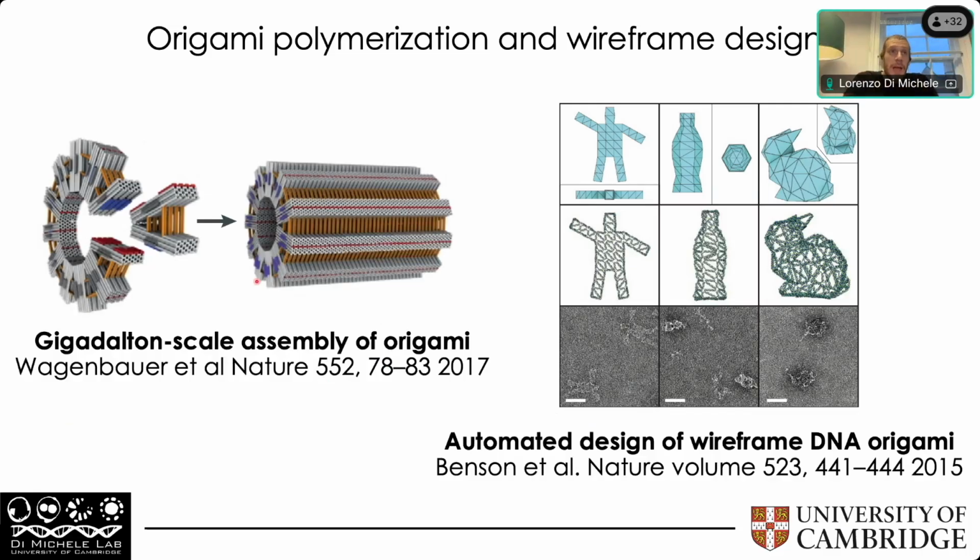But a few years back, the group of Hendrik Dietz could create this ginormous DNA origami assembly, which is at the gigadalton scale. And there are other techniques to create non-compact DNA origami using this wireframe design. So things that are empty rather than very compacted DNA objects. And here is where you can make your DNA people, your DNA bottles, your DNA bunnies.